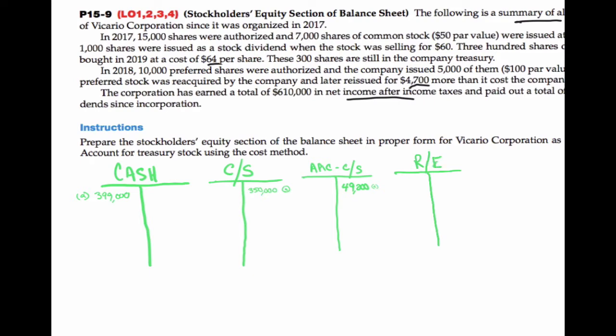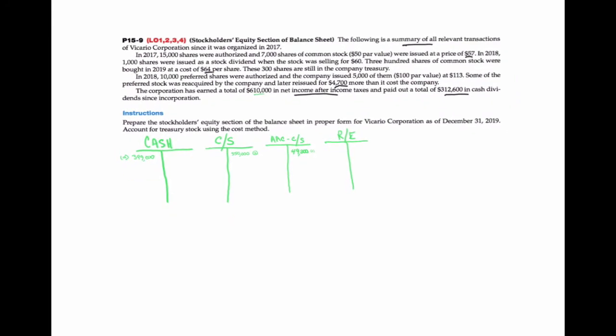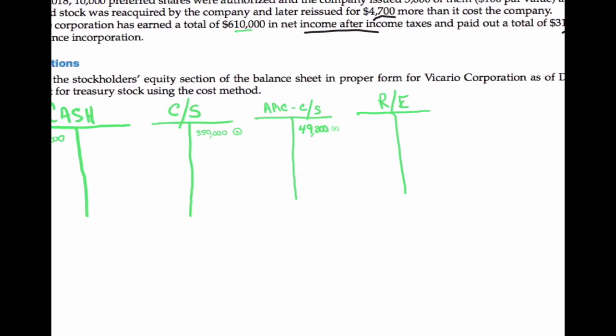I know we haven't got any credits in there yet, but because I know there's going to be a bunch of net income down here, I'm going to debit retained earnings for $60, the fair value, times 1,000, or we'll call that B, 60,000.